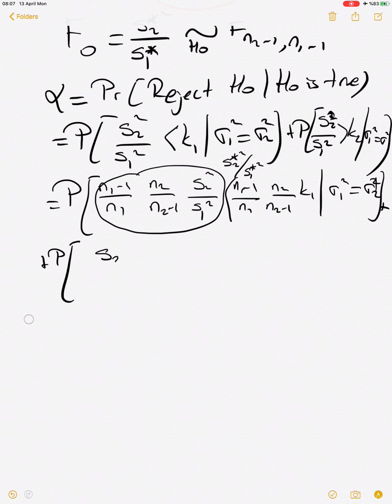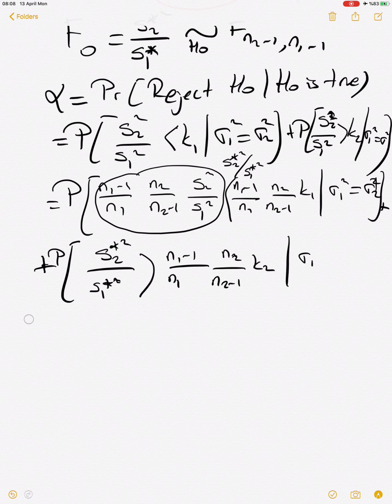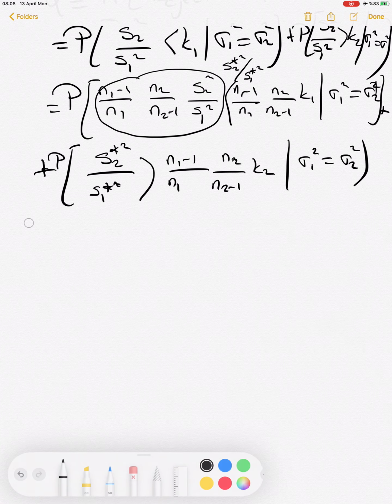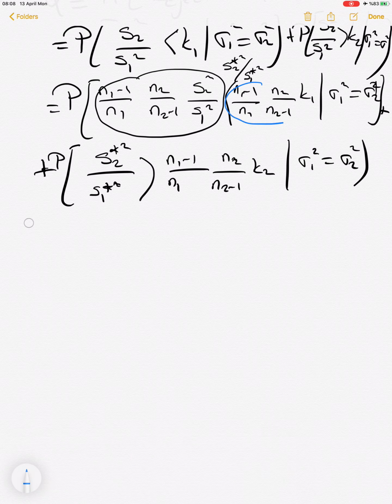Then this part will be S2 star square divided by S1 star square greater than this constant K2, given sigma 1 square equals sigma 2 square. Under this hypothesis, remember, let's make these K functions nicer. This is not that important, so let's write this as C1 and this part as C2.